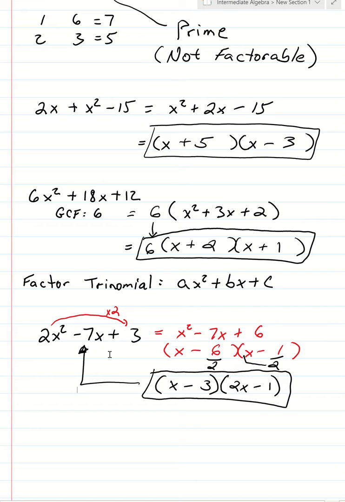Okay, notice the difference in colors. When I borrowed, I multiplied by that leading coefficient of 2, okay, and that created an easier trinomial to factor. Once you factor the easier trinomial, I have to give it back, okay? I have to give back the multiplication of 2. And the way to give back the multiplication of 2 is to divide by the 2.